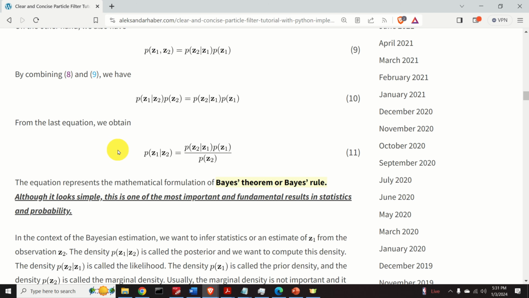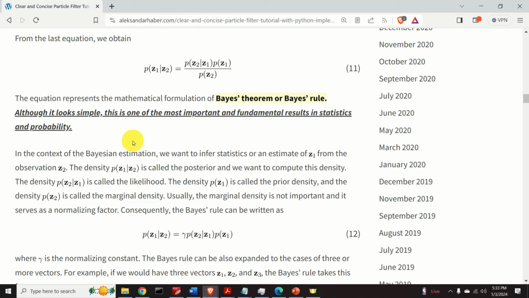Although it looks simple, this is one of the most important and fundamental results in statistics and probability. In the context of Bayesian estimation, we want to infer statistics or an estimate of the vector z1 from the observation z2. This density, given over here and over here, is called the posterior, and we want to compute this density.